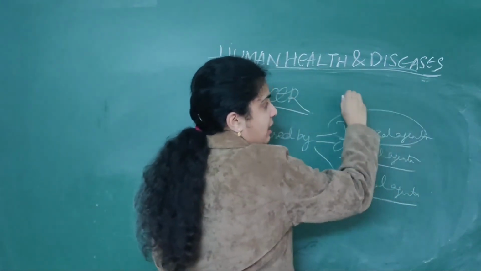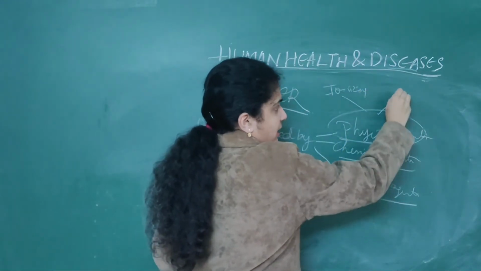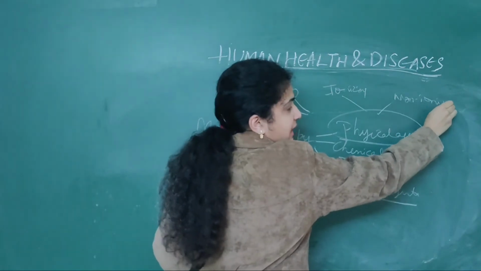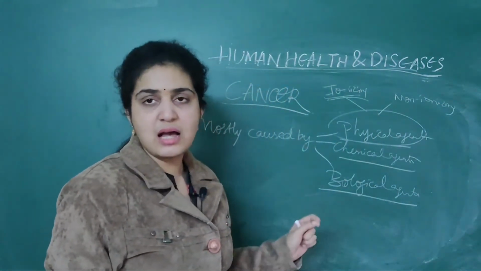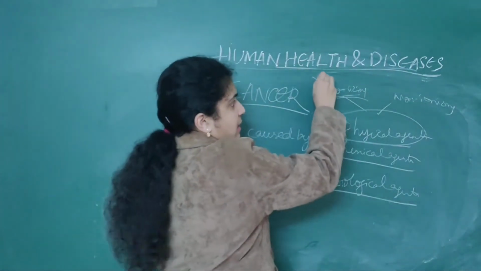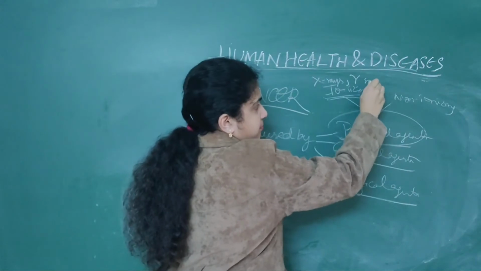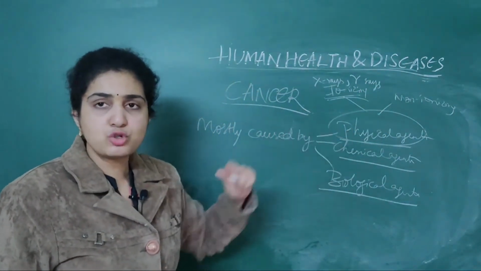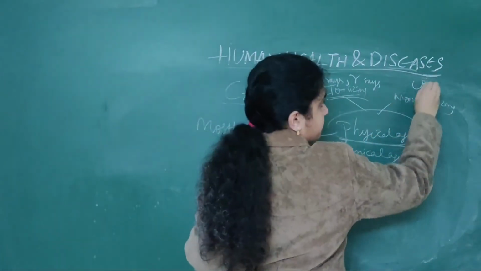When we come to physical agents, there are ionizing and non-ionizing radiations. Ionizing means what? X-rays as well as gamma rays may cause cancer. X-rays and gamma rays are ionizing radiation. When it comes to non-ionizing radiation, it is UV rays.